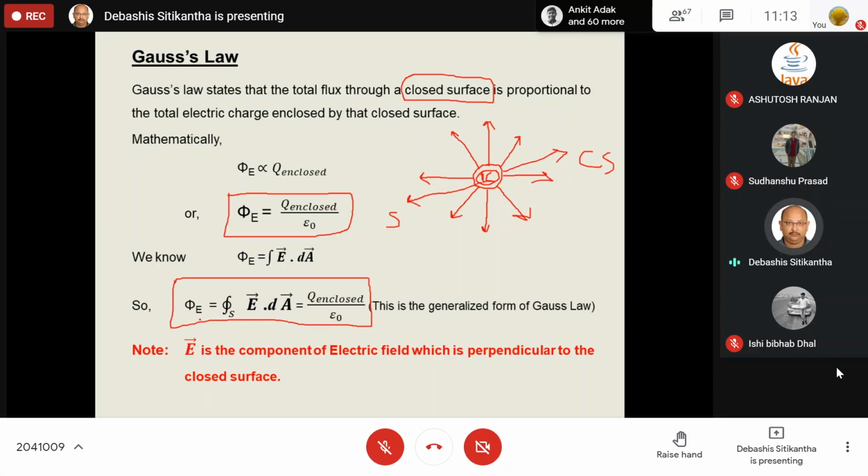So at least we came to the conclusion that Gauss law is given by the total flux coming out of a closed surface, which is proportional to the charge enclosed, and is also equal to the closed surface integral of the electric field over this closed surface area. Please note that this E vector is the component of electric field which is perpendicular to the closed surface.